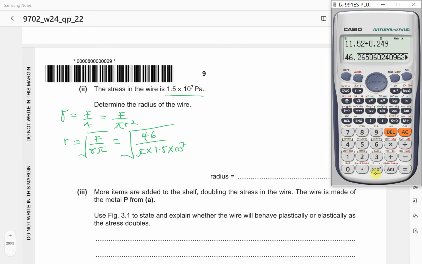So pi times 1.5 exponent 7, 46 divided by the answer, square root of the answer.